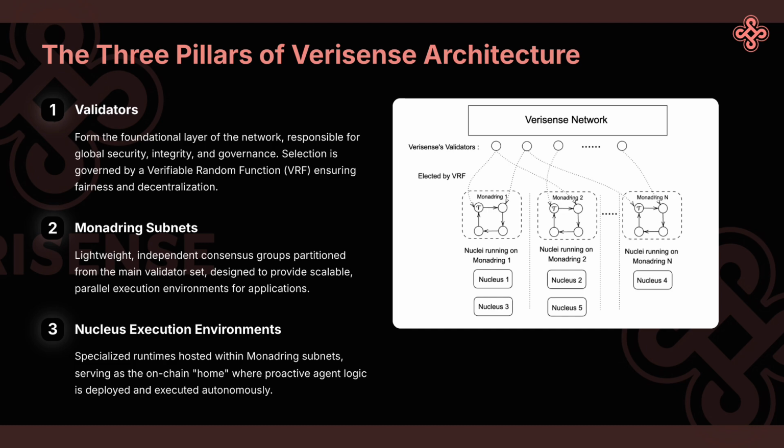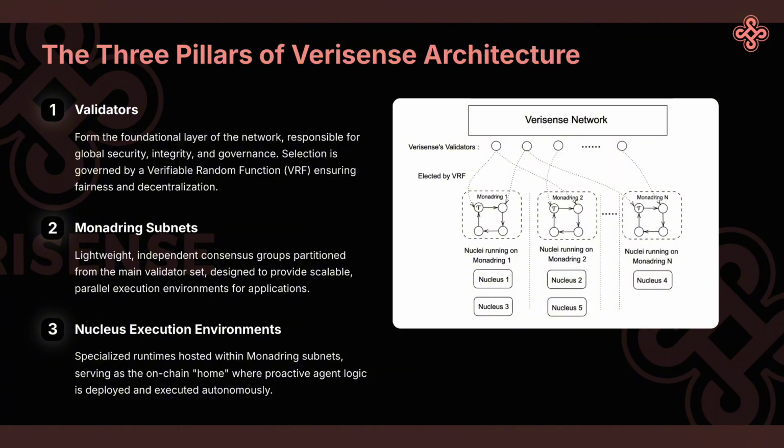These subnets are specifically designed to create scalable and parallel execution environments. Lastly, the Nucleus Execution Environments are specialized runtimes hosted within the monitoring subnets, providing an on-chain home for deploying and executing proactive agent logic. The architecture's diagram presents a clear picture of this hierarchical structure.